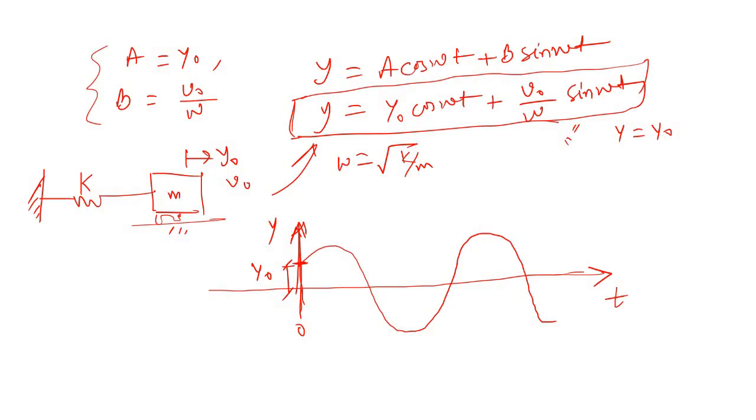At this point, if you get the first order derivative, that gives you the velocity, or the tangent at this point is the velocity at t is equal to 0, this is coming as v0, right?